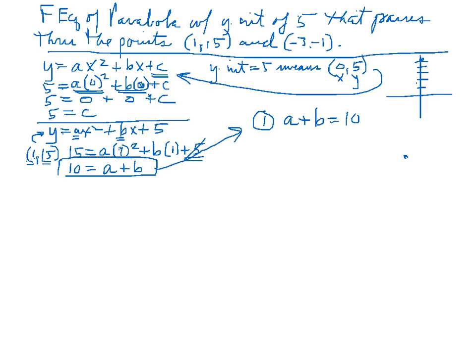Now we also have the point (-3, -1) on the parabola. Plug that into the equation and you get -1 for y is a times -3 squared plus b times -3 plus 5.